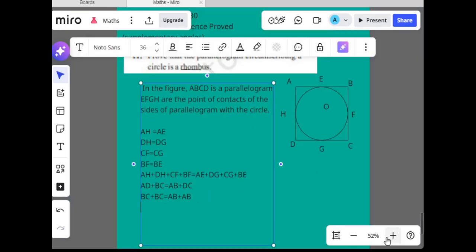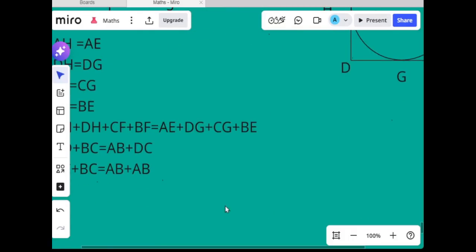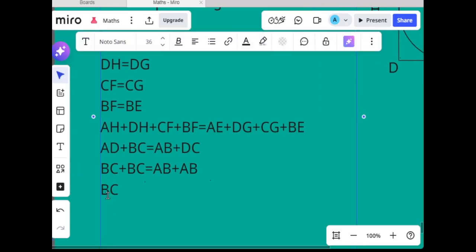Hence, that means AB is equal to BC. Hence this proves that BC is equal to AB.